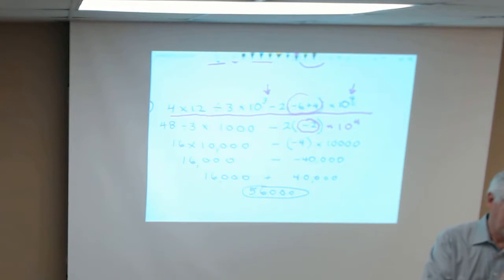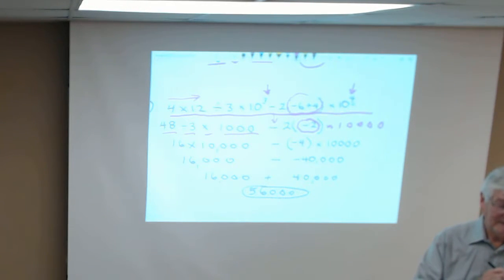So now we have, looks like I already did this one, because you go from left to right. 4 times 12 is 48, divided by 3 times 10 to the 3rd is 1,000, minus 2 times negative 2 times, let's change this, times 1 with 4 zeros.